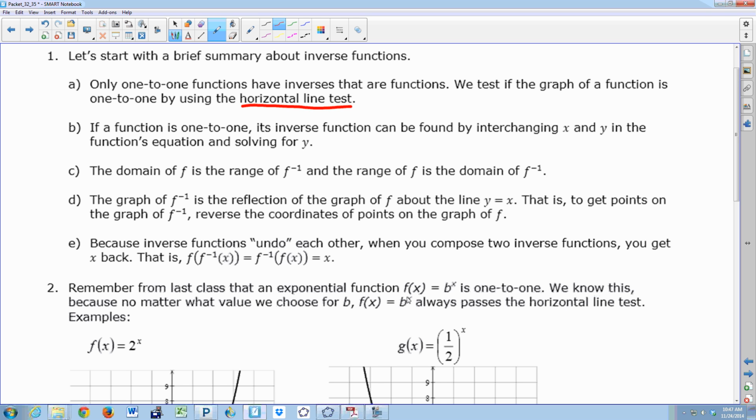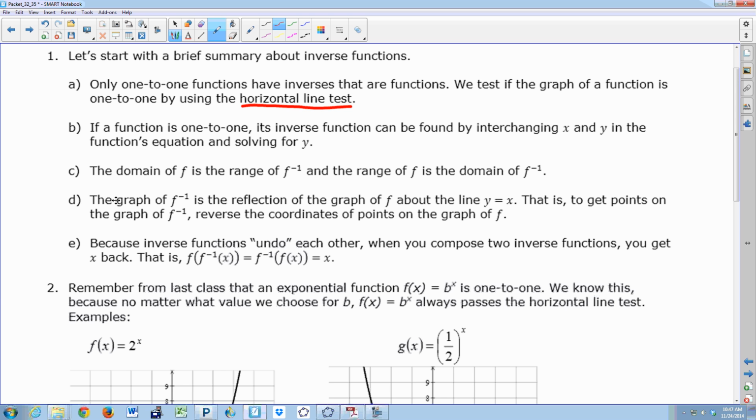Whatever the domain and range was of our original function, it got swapped for our inverse function, because the output of our function becomes the input. The range becomes the domain of our inverse function, and it brings us right back to where we started, which is a value in our domain. That's what undoing each other means. It's that round trip idea we talked about.